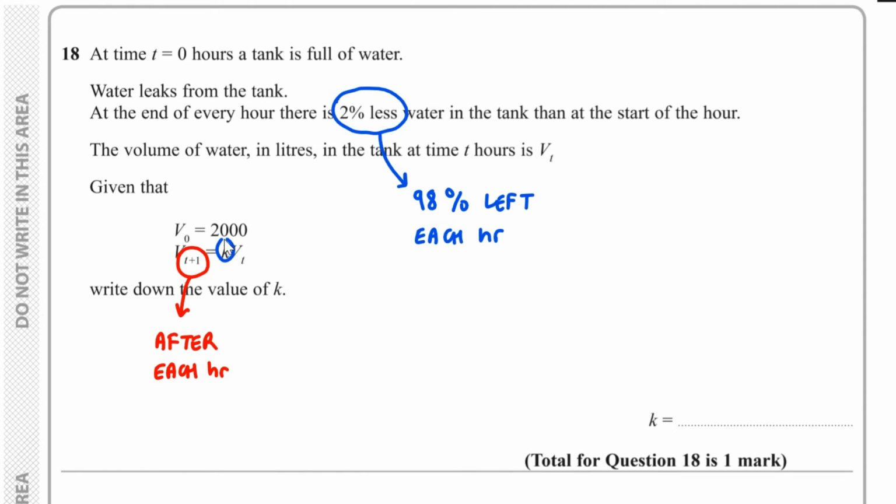And obviously this would correspond to the value of k. So therefore k is equal to, as a decimal, 0.98.